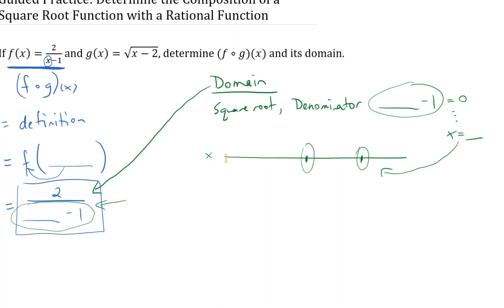And then look at a number from each of the three regions you've got and plug those into your function and see which regions will give you real number outputs. So shade those regions and then convert that to interval notation. So again, pause the video and work out your domain in interval notation.